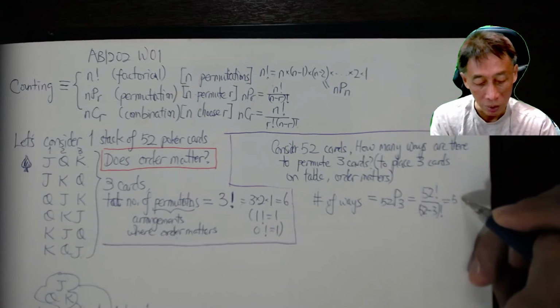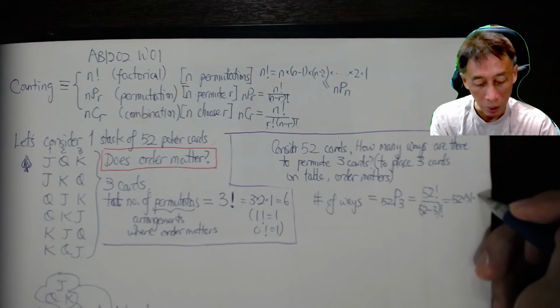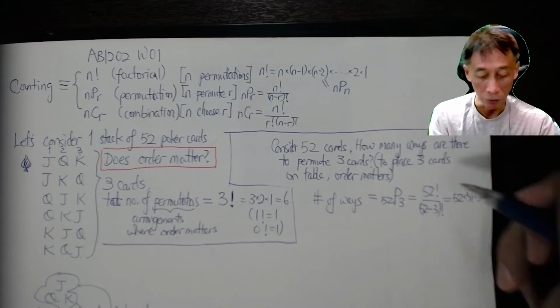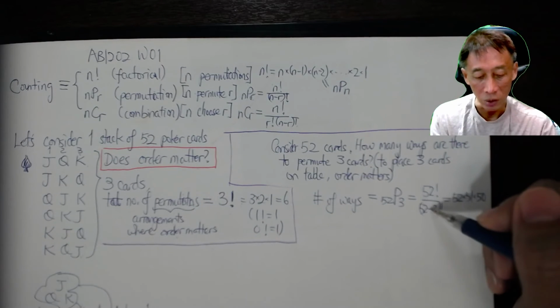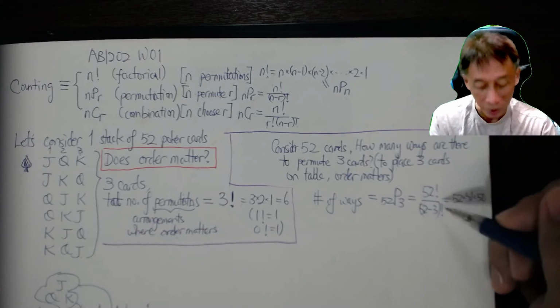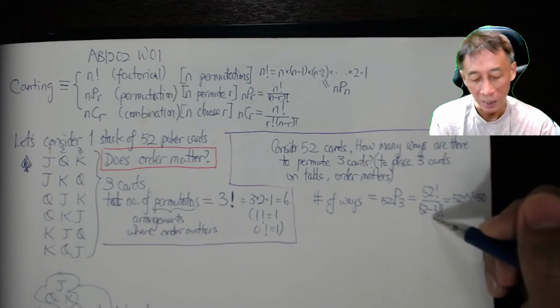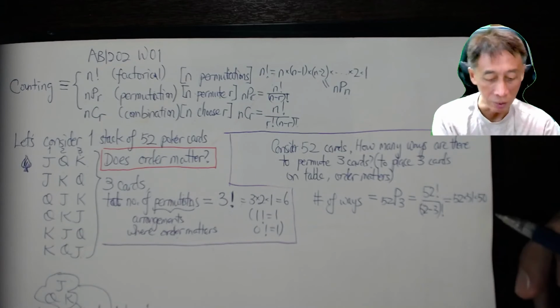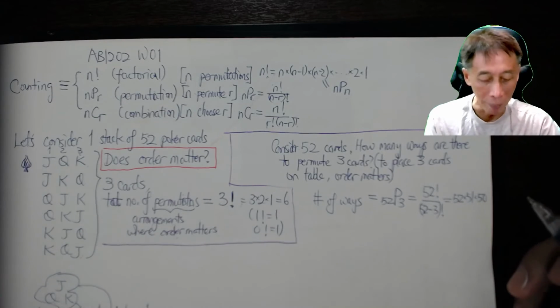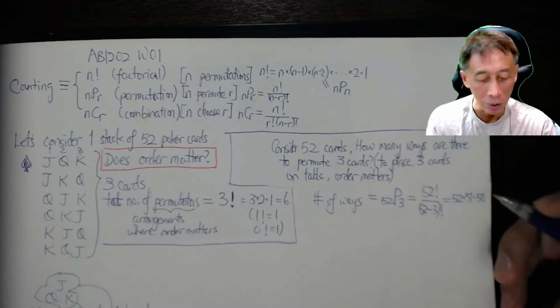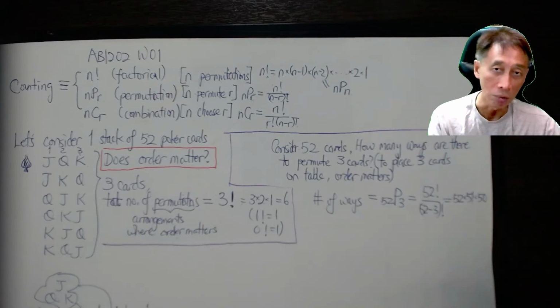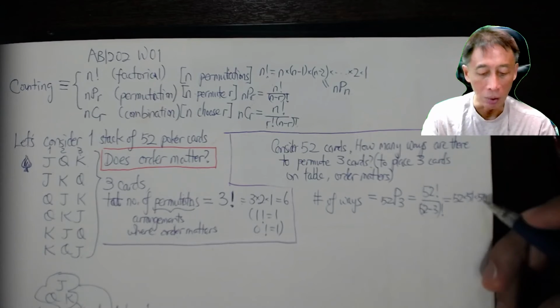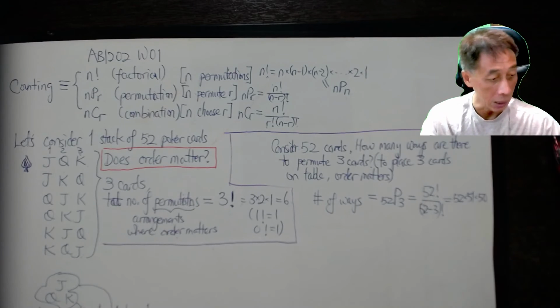So it's simply starting from 52, 51, then stop at 50, because the 49 in the numerator will cancel off the 49 in the denominator downwards, 48, 47. So that's just to manually think through. But if you use a calculator, totally outsource that to the calculator. Then you calculate, and that will be the number of ways.